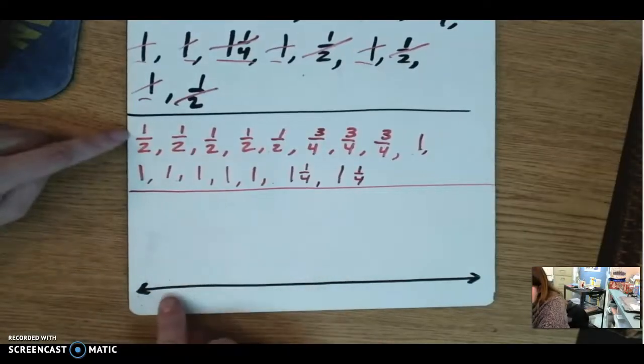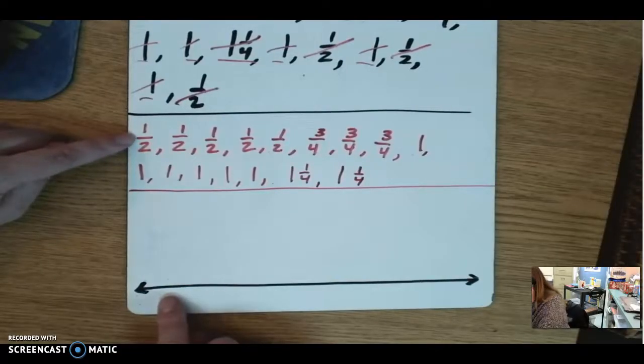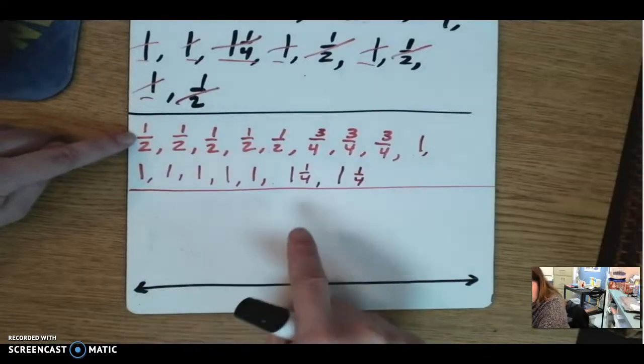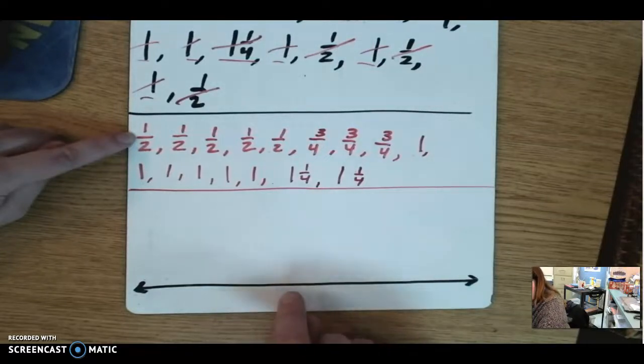Now, I know 1/2 is the smallest. So I know a half is less than 1 but greater than 0. And I know 1 1/4 is the largest, and that's greater than 1 but less than 2.